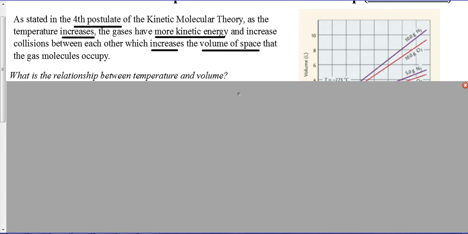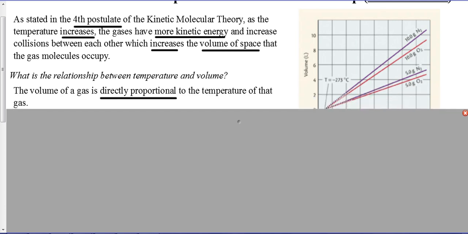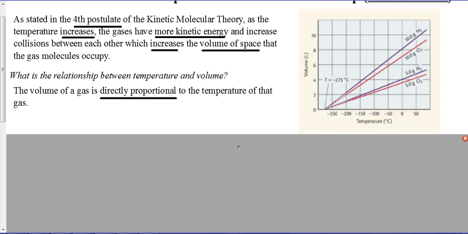So, in other words, the volume of the gas is directly proportional to the temperature of that gas. One more time, the volume of a gas is directly proportional to the temperature of that gas.